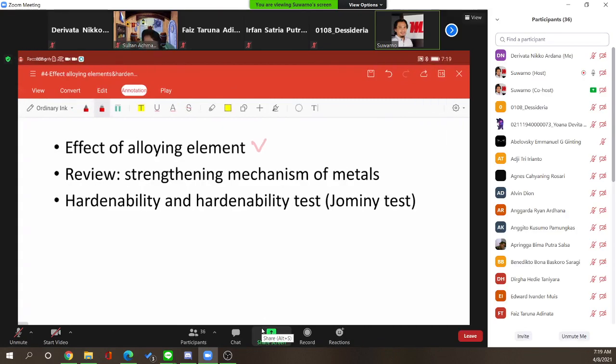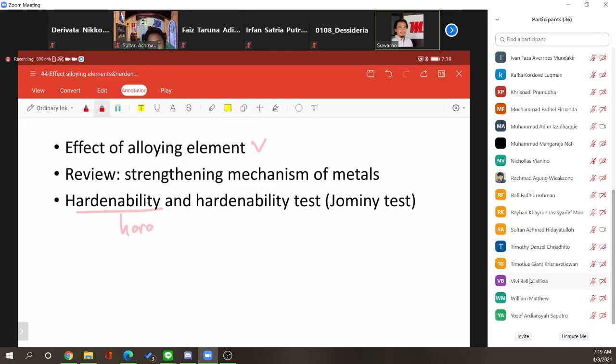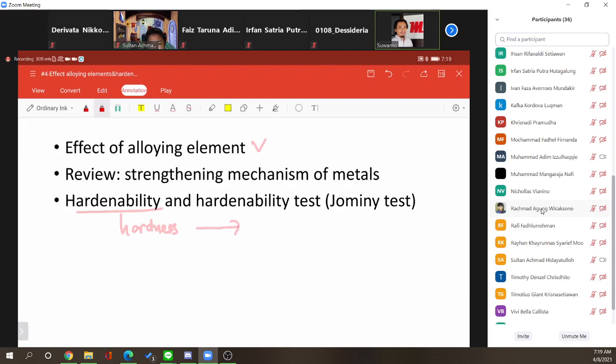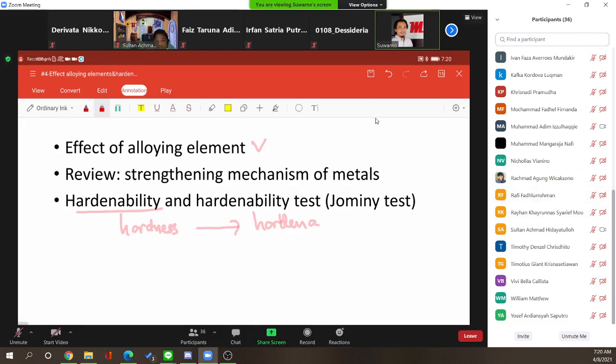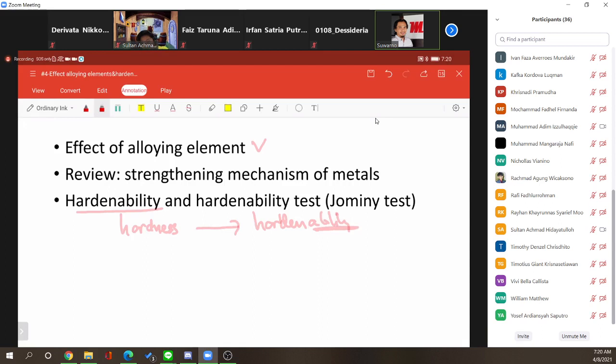Then we discuss hardenability. We know hardness from Metal 1, but now we are talking about the ability of a material to be hardened, and that's why we call it hardenability. So this is actually the capacity of a material to be hardened, and this can be assessed with several methods.